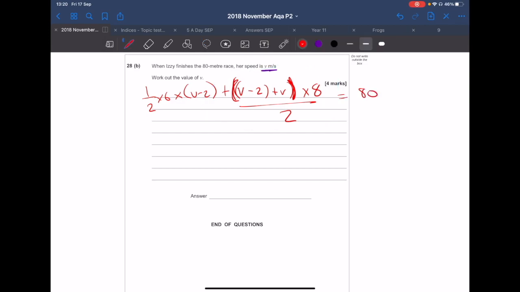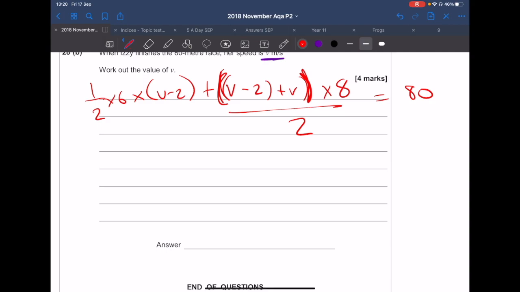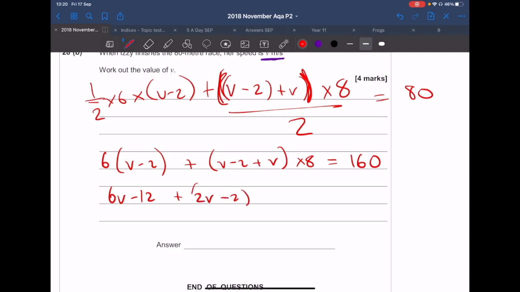So let's see if we can solve that. That's all over 2, and that's all over 2 here too. So let's multiply everything by 2. We're going to get 6(v take away 2) plus (v take away 2 plus v) times 8 equals 160. 6v take away 12 plus 2v take away 2, times 8, equals 160. 6v take away 12 plus 16v take away 16 equals 160.